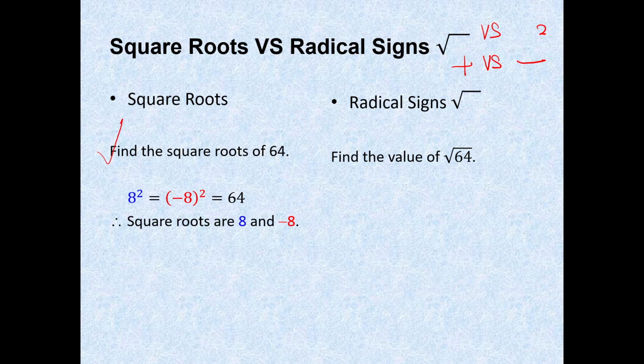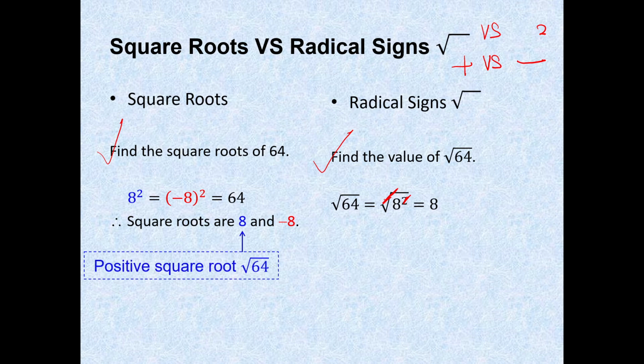So on the right hand side, if we put the radical sign on top of 64, in order to solve the problem, first of all we need to turn the 64 into 8 square. Then the radical sign will be cancelled out with the square inside. Then our answer will be 8.